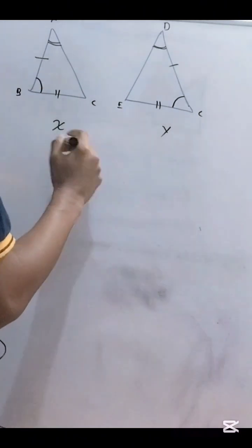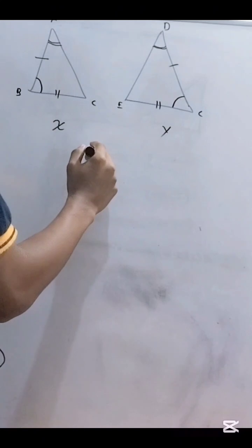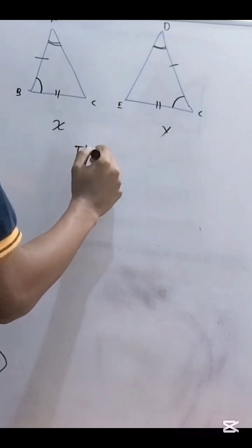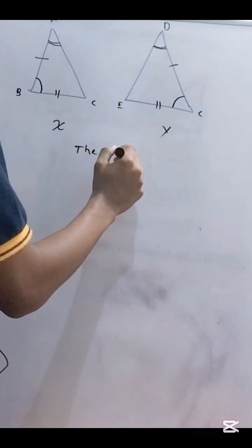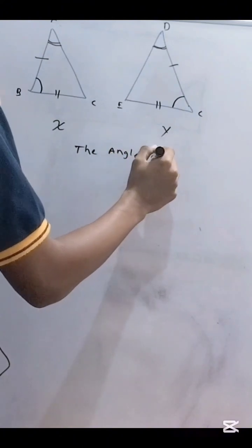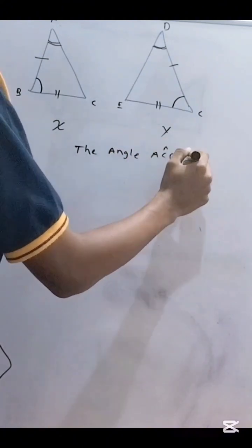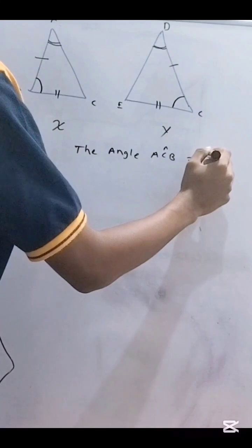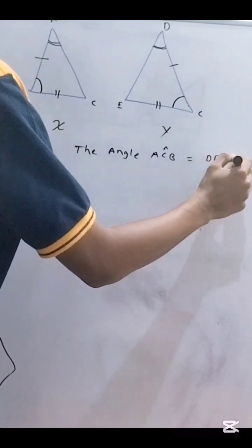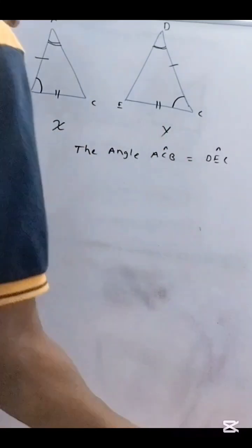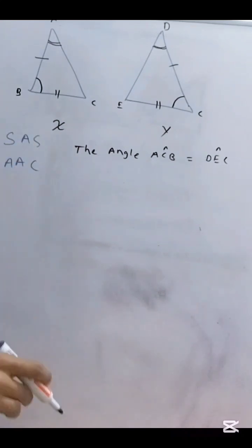To be proved, we should prove that the angle ACB should be equal to the angle DEC. We can use several cases here, which are side angle side or angle angle side.